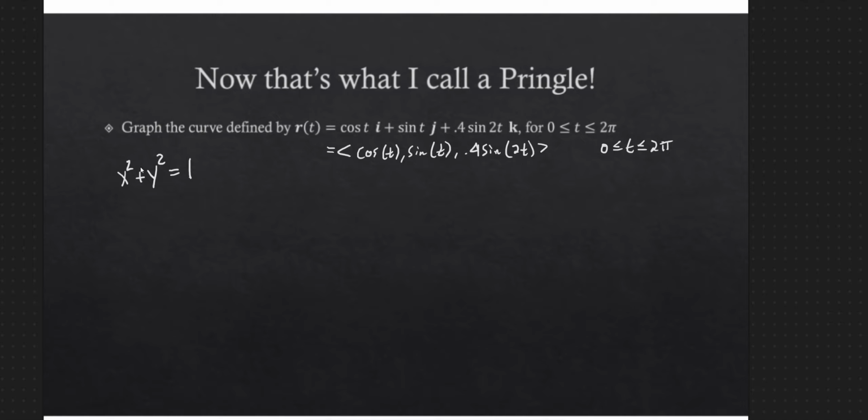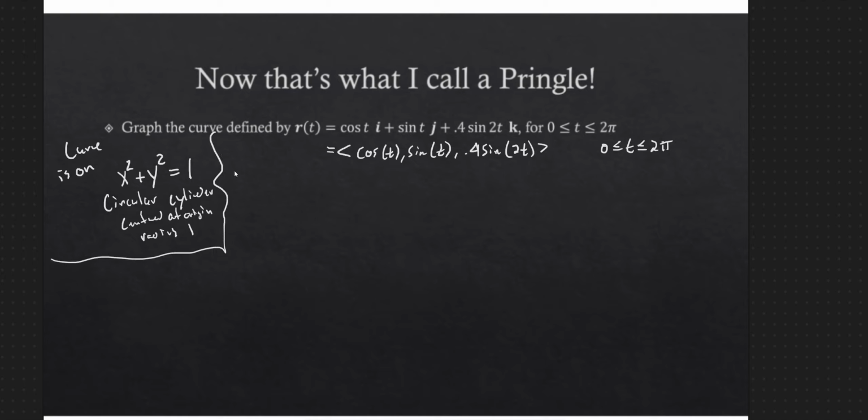And so what this gives us is a circular cylinder. It is centered at the origin and has radius 1. So we're on this cylinder. That means this curve is restricted to this cylinder. So the curve is on this cylinder.